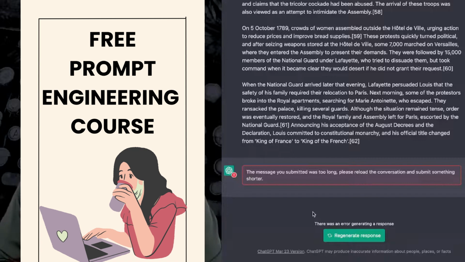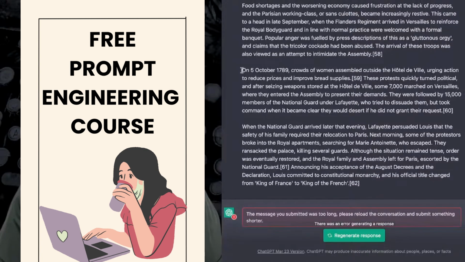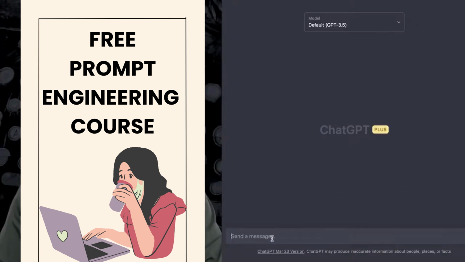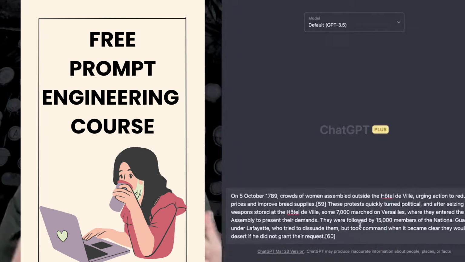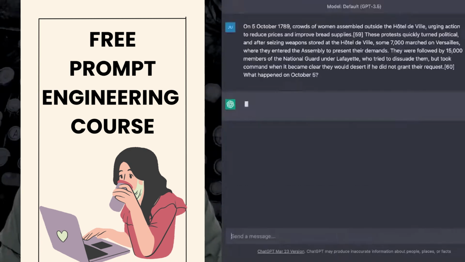So what do we do? Well, one, we have to think about what is the most important information to actually provide. So let's say, for example, that we really care about October 5th, 1789. Well, if that's the case, that's what we want to paste in for ChatGPT to reason about. And then we could say, what happened on October 5th?